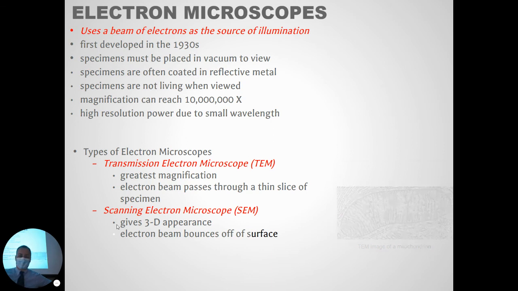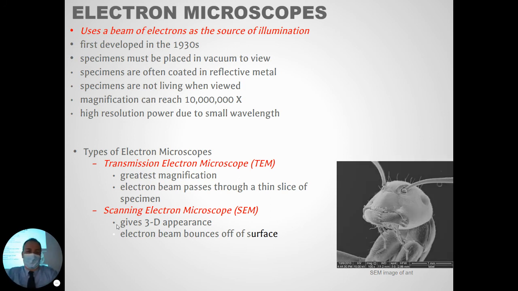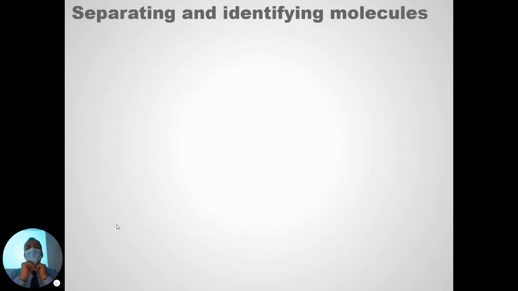The scanning electron microscope gives really cool images like this. It basically scans across the specimen with this beam of electrons and lets the electrons bounce off to form a three-dimensional view of the image. Problem is, you can't look at live specimens using this. Typically, they need to be coated in metal, and they're typically dead in order to do that.